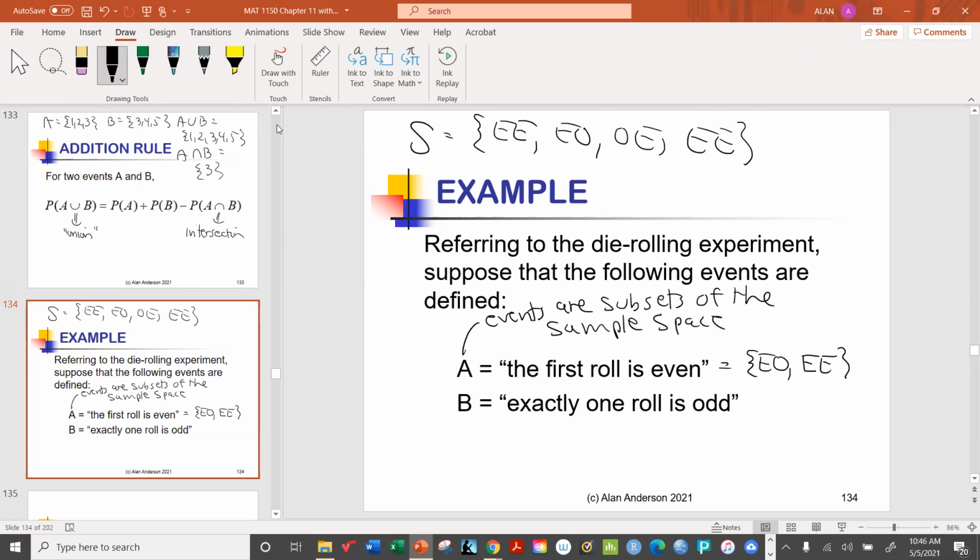We can define them any way we like, as long as we end up with elements that belong to the sample space. Now here in the second case, we have exactly one roll is odd, which means EO or OE, because you can see exactly one roll is odd in both of those cases.